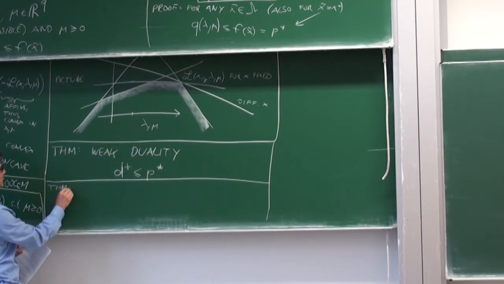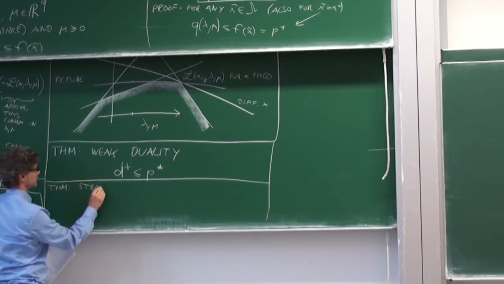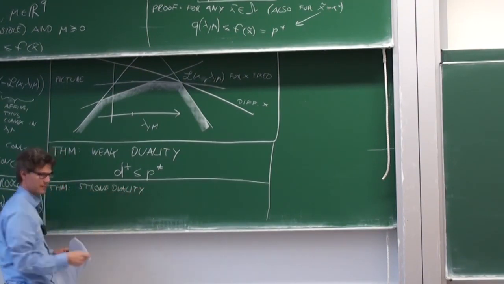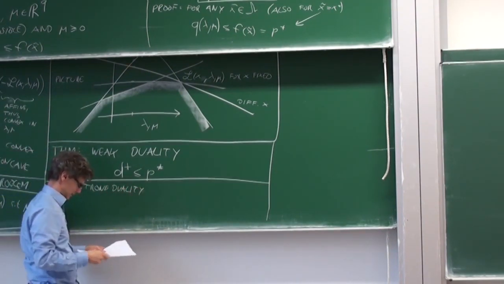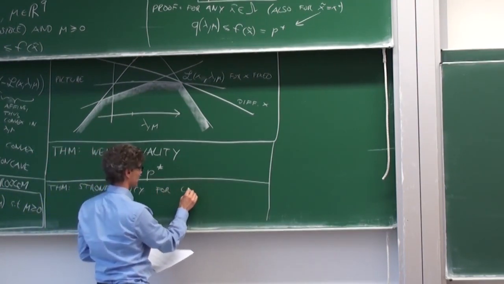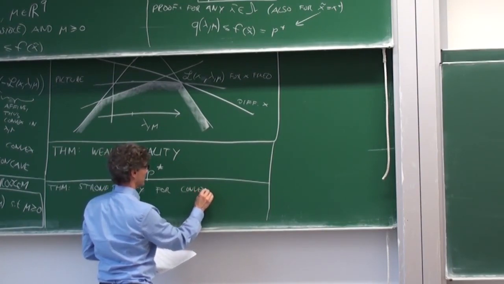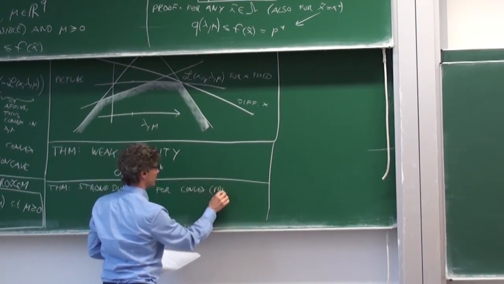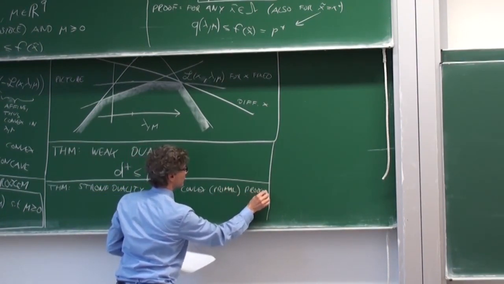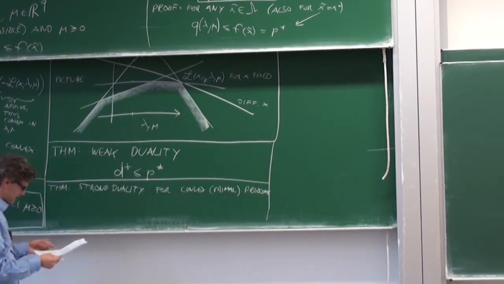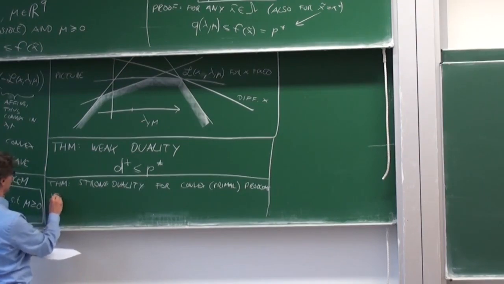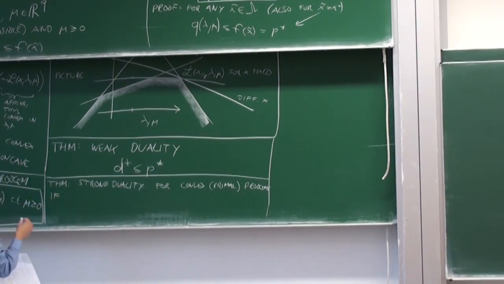The next theorem is called strong duality, and it basically holds for convex primal problems.